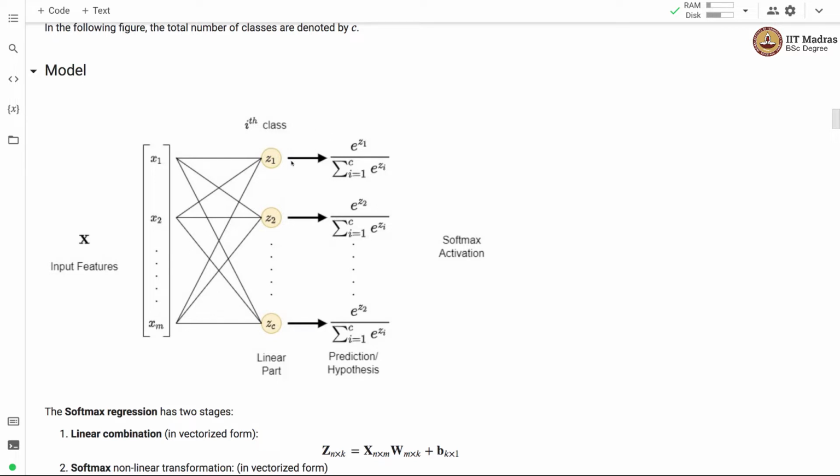For each class, let's say Z1, we compute the probability of an example belonging to class 1 using softmax activation, which is computed as exponential of Z1 divided by the sum of exponential of Zi, i running from 1 to C. So you can see that in order to compute this probability, we are not only using the corresponding activation, but in the denominator we are using all activations. All C activations are being used in the denominator.